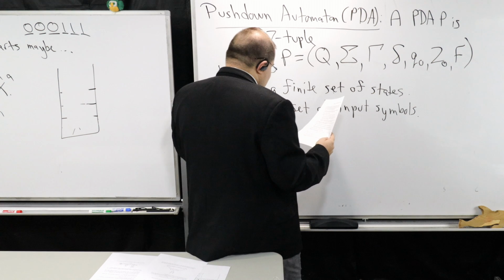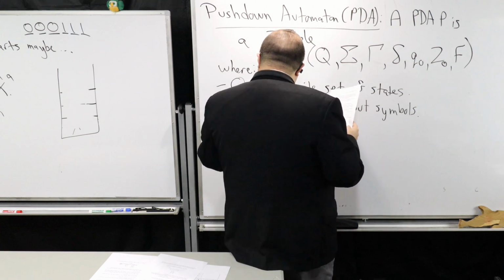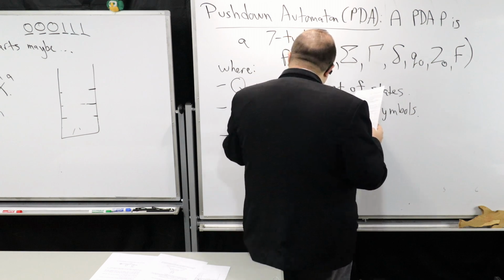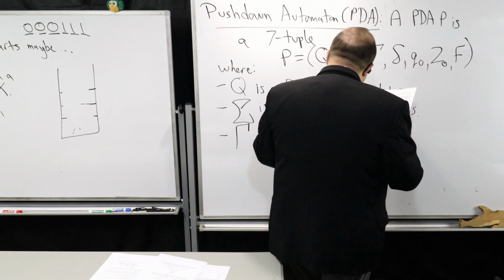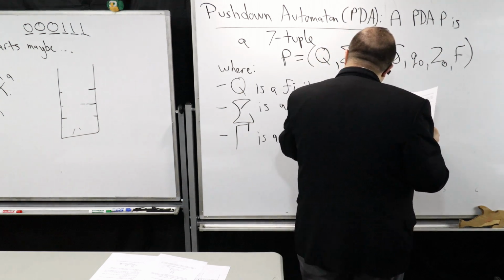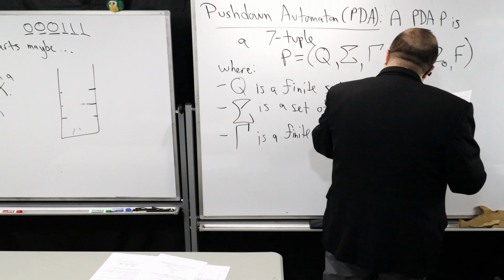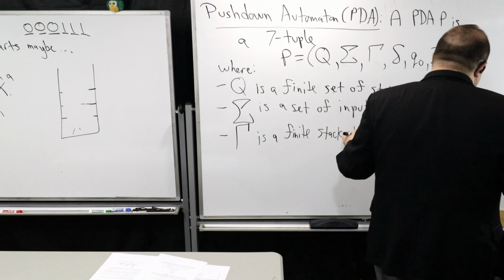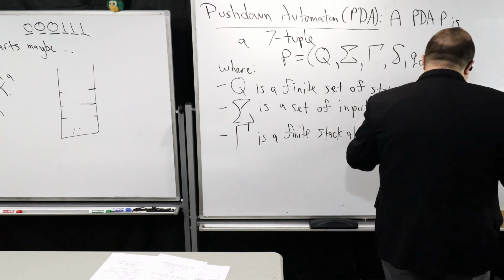So I'll talk about that later. So gamma is a finite stack alphabet. Some people like to call them just the finite stack symbols. So this is sometimes called the stack symbol. Sometimes it's called the stack alphabet.